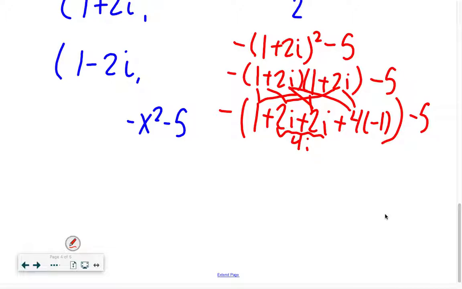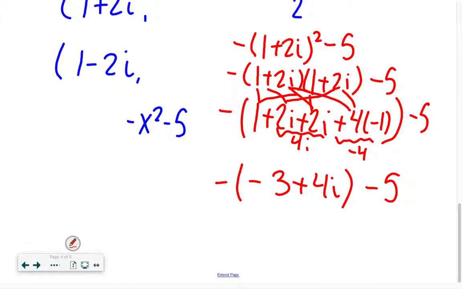This is negative 4. What is 1 minus 4? Negative 3, plus 4i. What do I do with my negative sign out front?